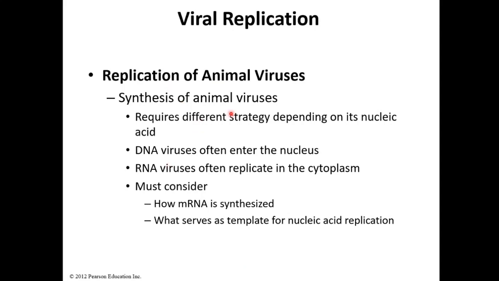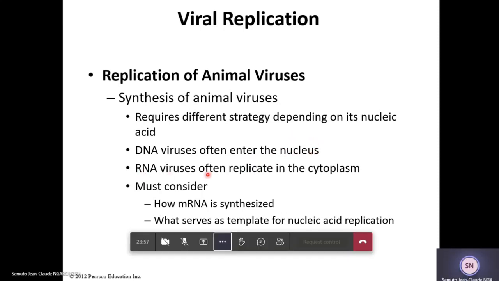Synthesis of virus in an animal cell may require different strategies depending on its nucleic acid. For example, DNA viruses often replicate in the nucleus, while RNA viruses replicate in the cytoplasm. We must consider how messenger RNA is synthesized.